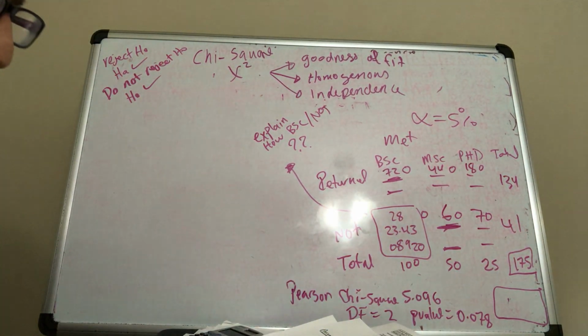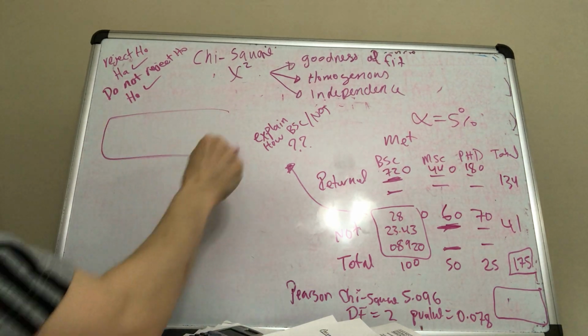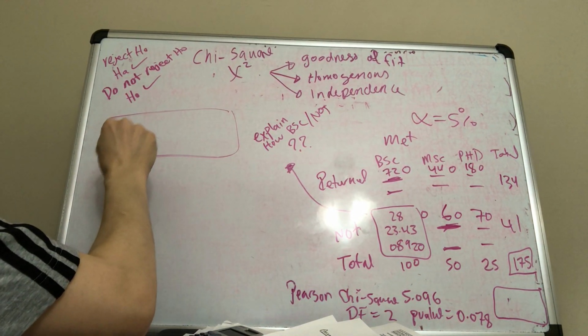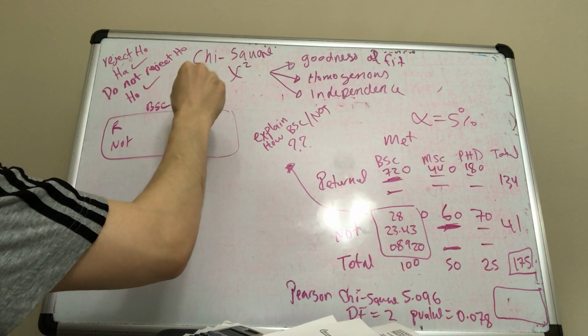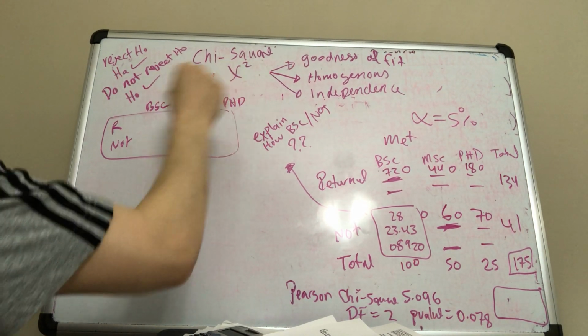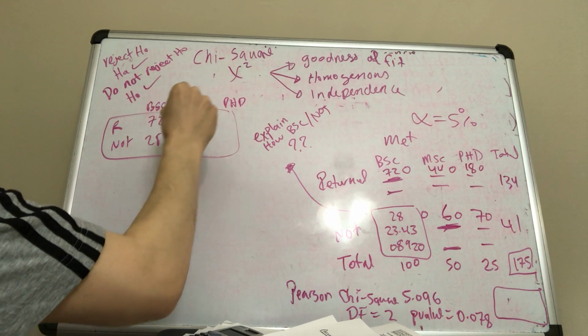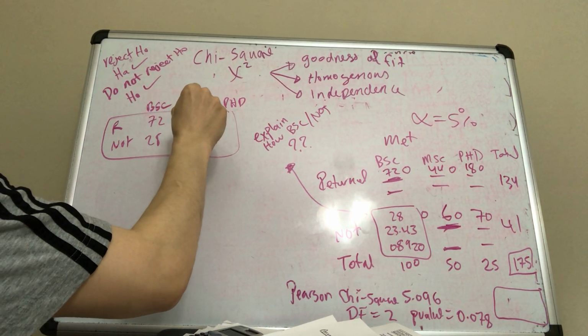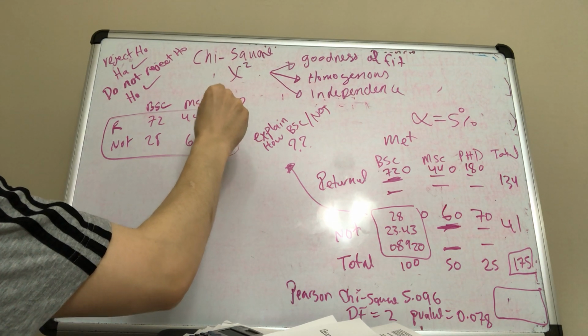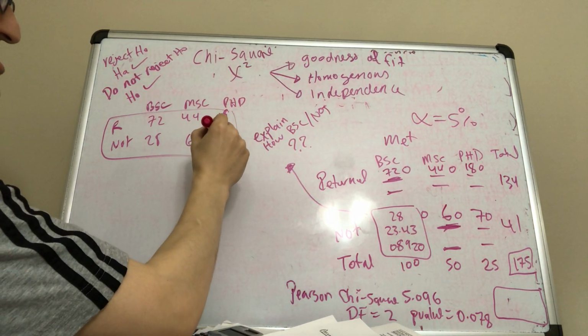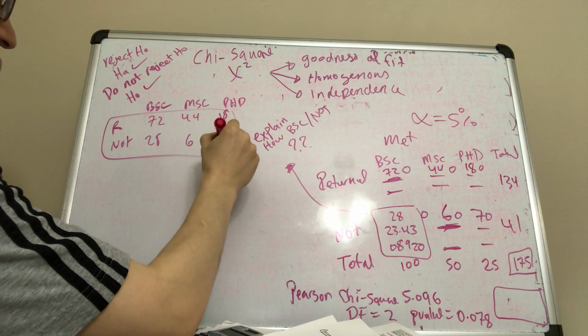And that's the number, if you remember, that was in the table of return, not returned, BSc, Masters, PhD: 72, 28, 44, 6, and 18, and 7.